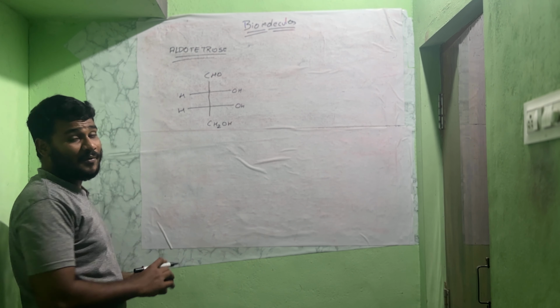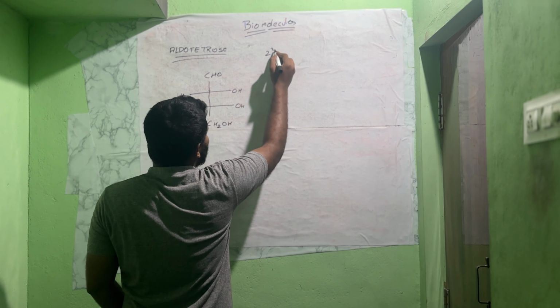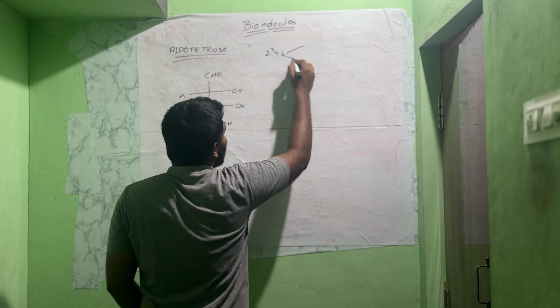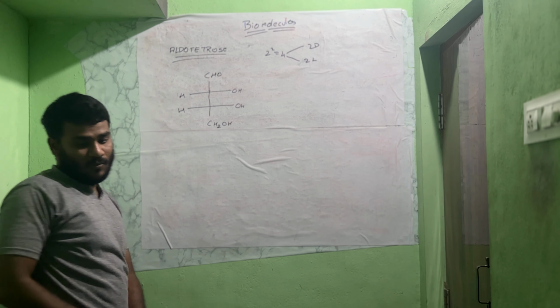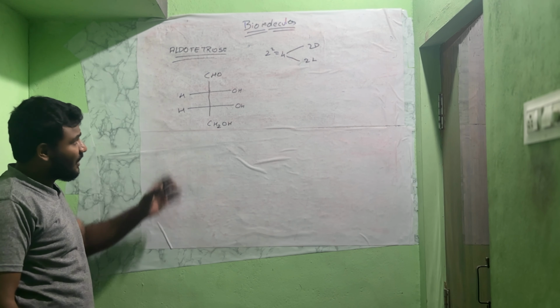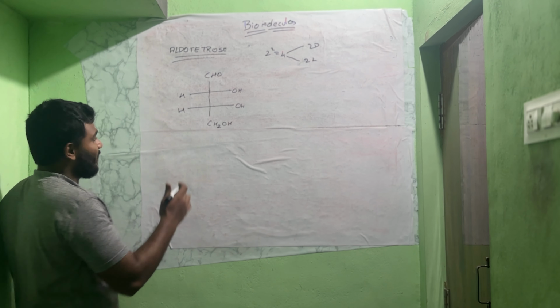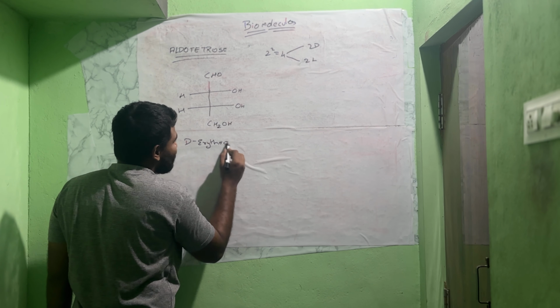Now how many optically active centers are there? 2. That is 2 power 2, that is 4. Now you know, right? 2 D forms, 2 L forms. If 2 OH are present at this side, this is known as D-erythrose.